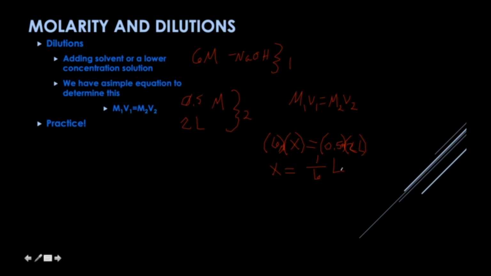Well, 1/6 is 0.1666 repeating. So if I want something I can actually use for this, because they don't make liters with this small of a measurement, I can convert this to milliliters, and that would be 166.6 repeating milliliters, which I can easily do.